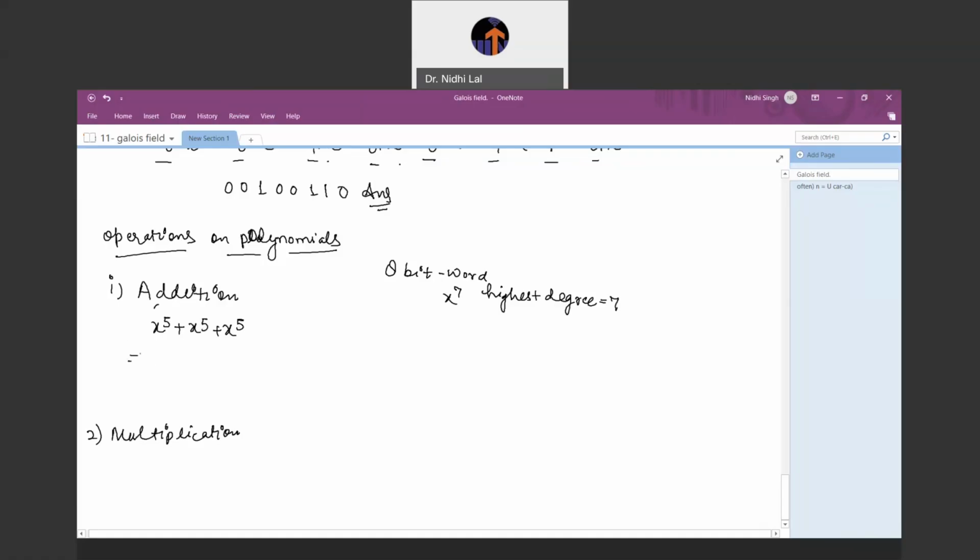So what will be my answer? My answer will be 3x to the power 5, right? So in the addition operation, my answer can't exceed the highest degree, that is x to the power 7.